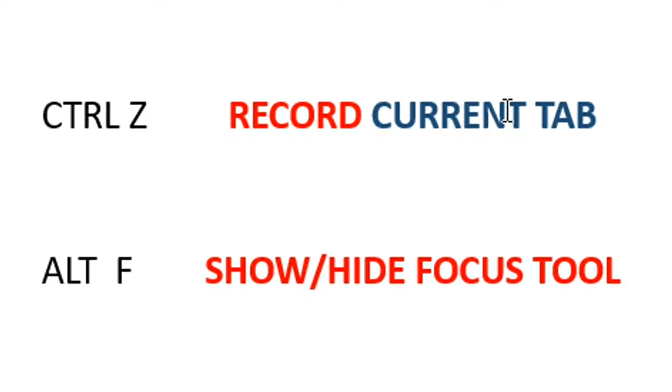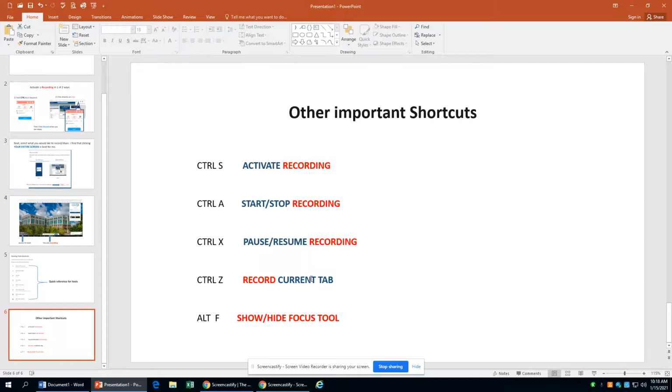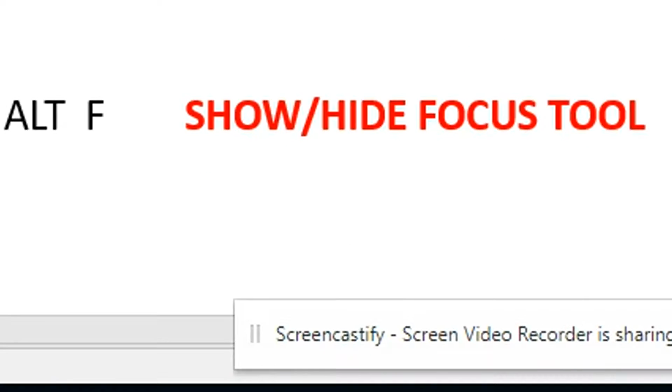You'd be viewing the current tab you're in. So Screencastify knows to record whatever's on your desktop at any given time. I believe Control Z would be much more important if you had selected an application to record instead of your entire desktop.